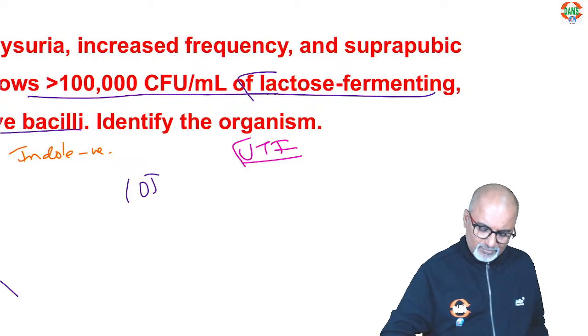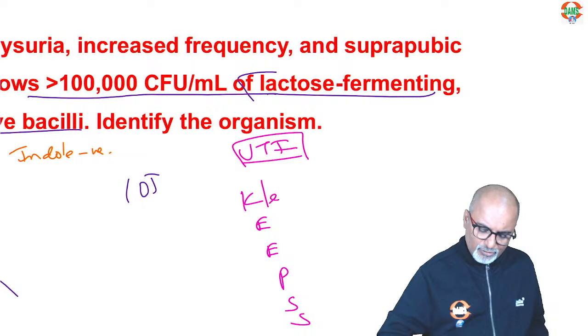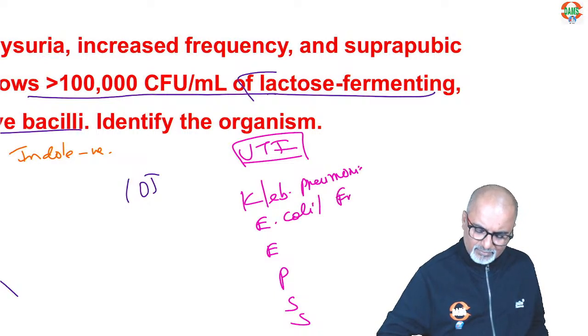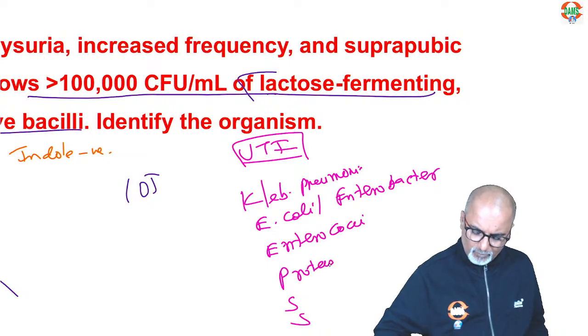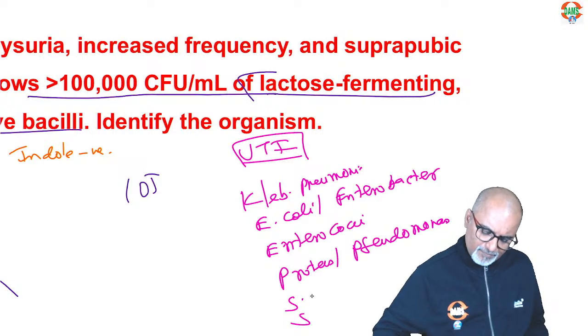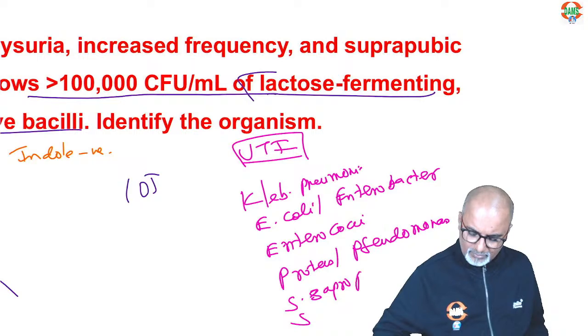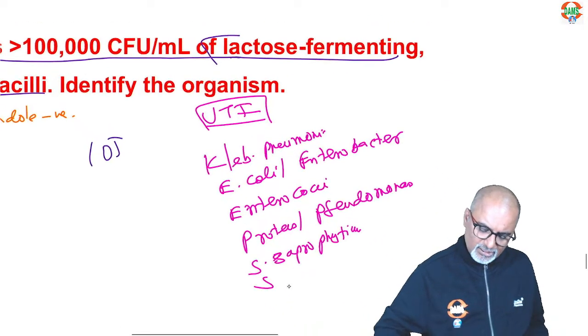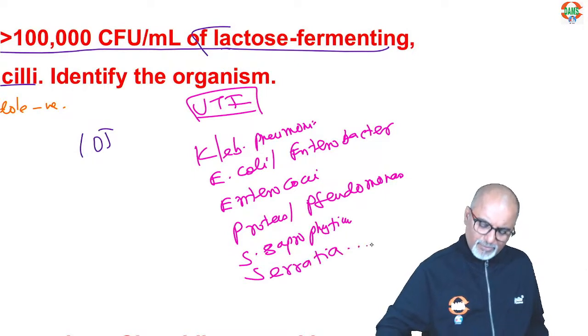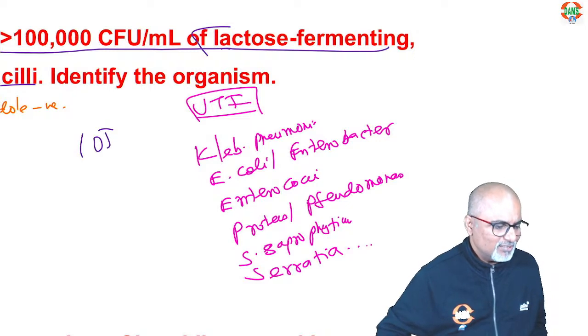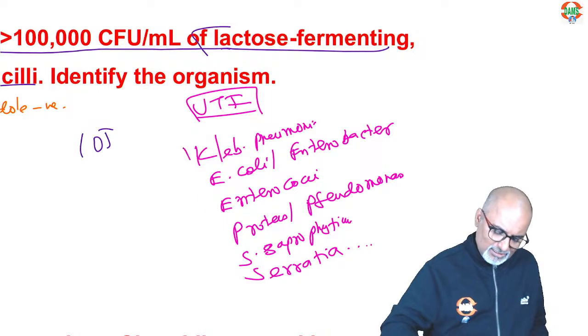KEEPS is my mnemonic: Klebsiella pneumoniae, E. coli, Enterobacter, Enterococci, Proteus, Pseudomonas, Staph epidermidis, Staph saprophyticus, Serratia, like many are there. All these are bacteria causing UTI.